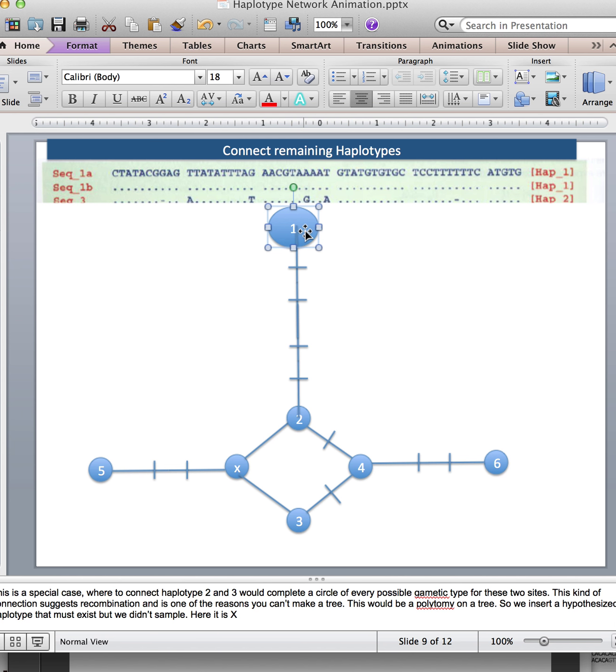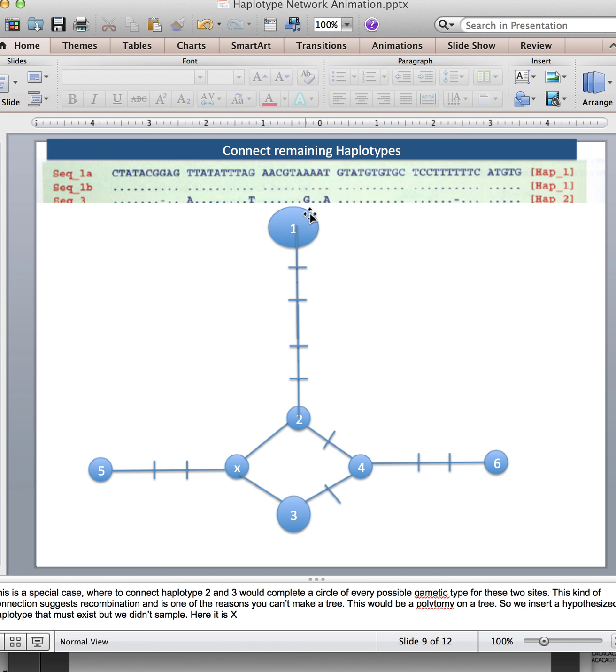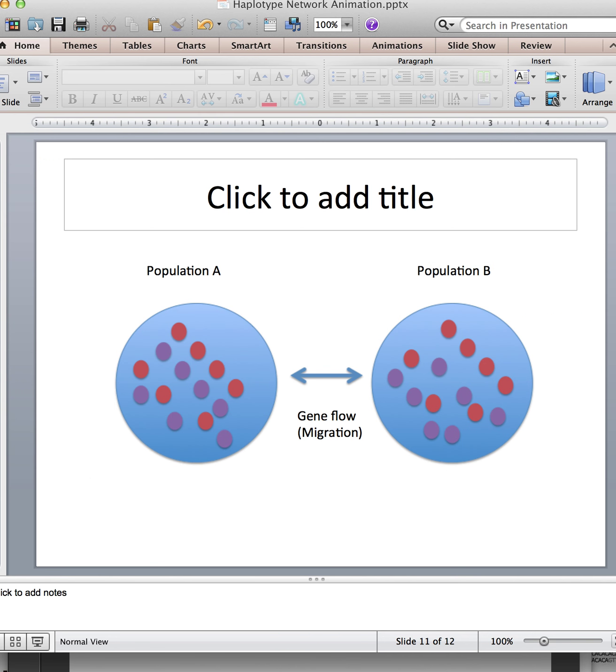So I've made a really big fat 1 here. And then also haplotype number 3, it turns out we have 3 of those, so we're going to make it just a little bit bigger, but not as big as 1. The software would do this for you, but this is how the software builds it up. Okay, and I think we're down to the end of that.